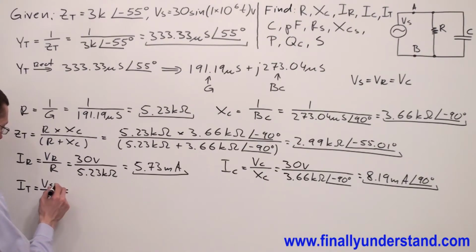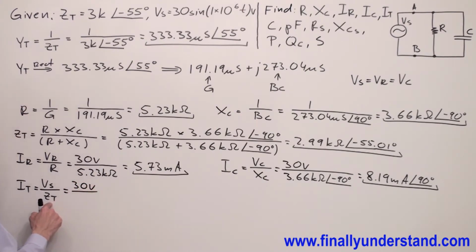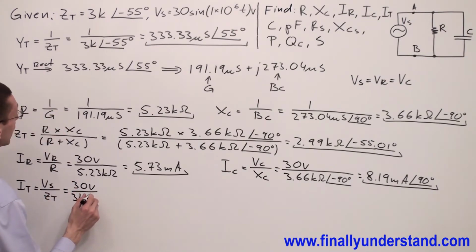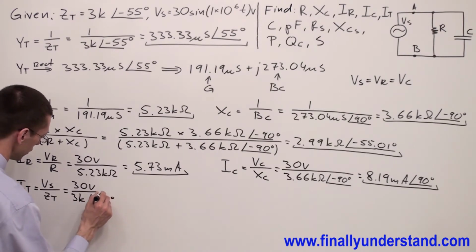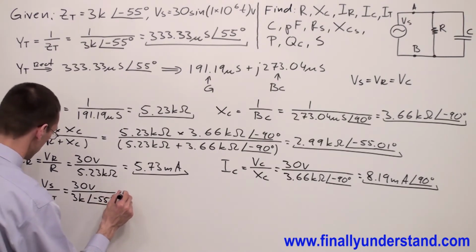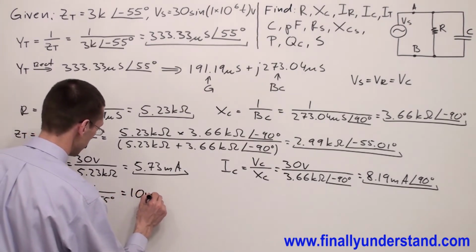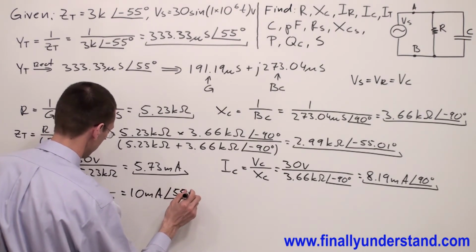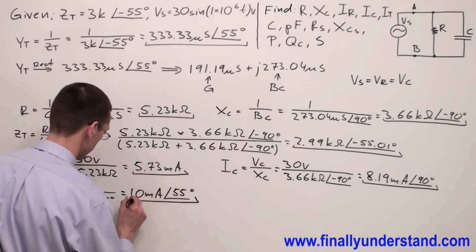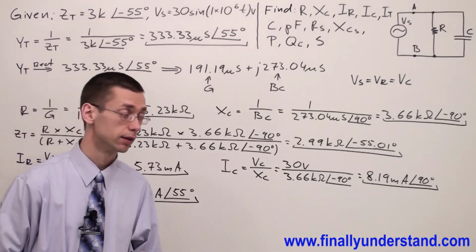The voltage source is 30 volts and Z total is given, 3 kilohms and angle of negative 55 degrees. I total is equal to 10 milliamps and angle of 55 degrees.